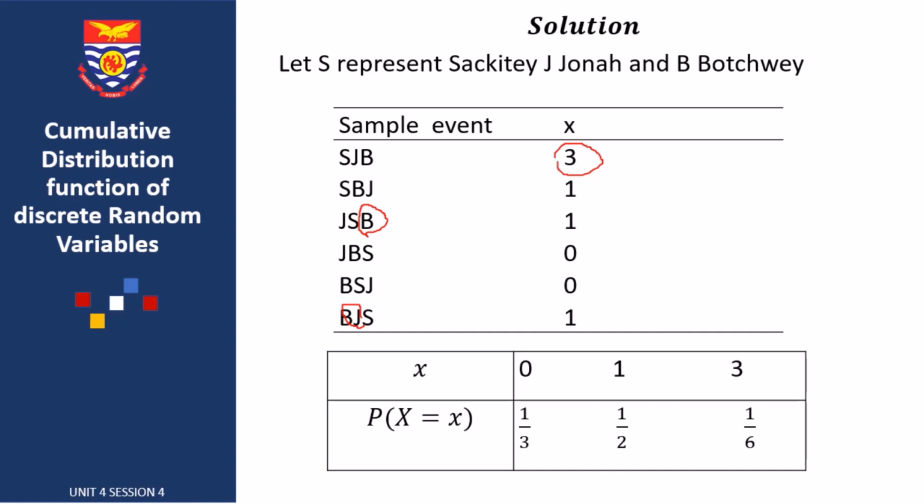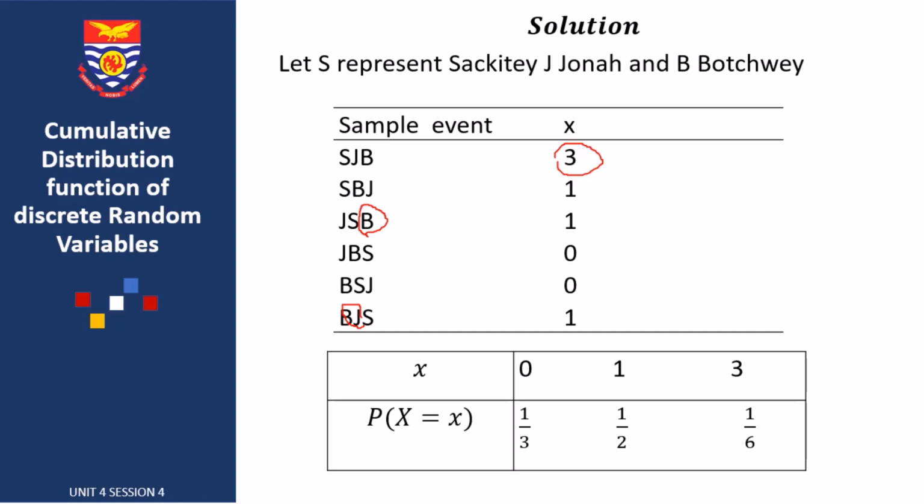Good. So you see that this is the distribution function now. X assumes the values 0, 1, and 3. For X equal to 0, we have 1/3, because all the outcomes here are 6, and you have 2 zeros. Out of the 6, that will give us 1/3.